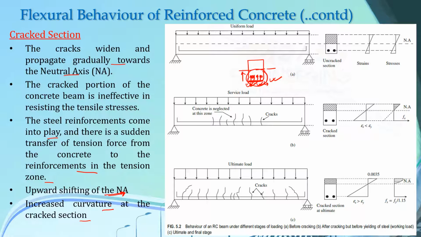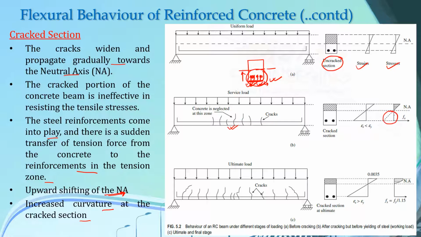If you see this figure here, for the uncracked section, both our strain and stress diagrams are linear. And at one point, cracks start to appear at the tension zone, at this bottommost layer of our concrete. And you can see this dashed line here.